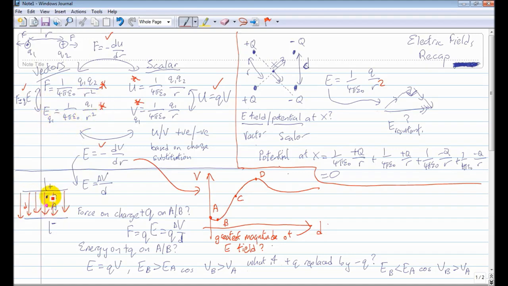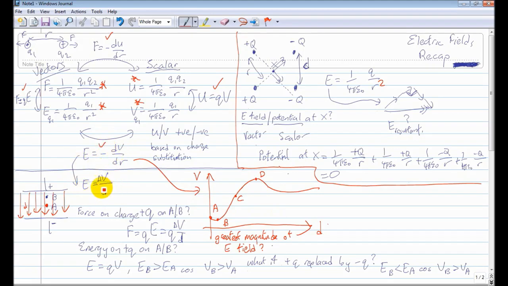So instead, how do I calculate electric field? I have to use a general formula from here, and this one is minus dV dr. This applies in all cases, and we'll discuss it in a moment in this graph. But first let's focus on the parallel plate case, whereby this one can be simplified into this one.